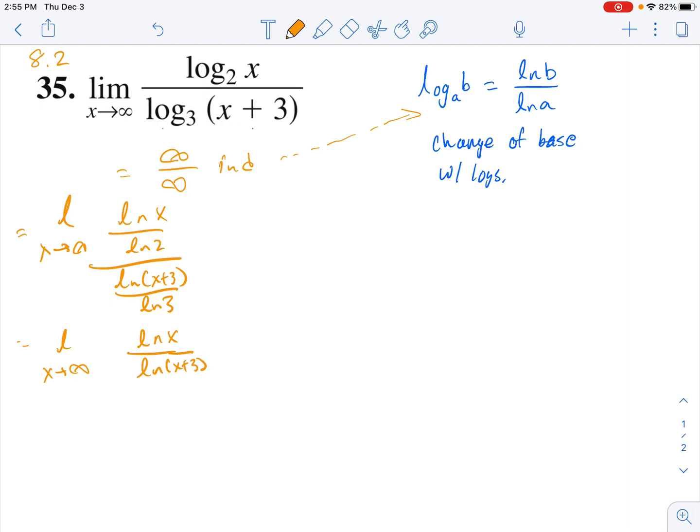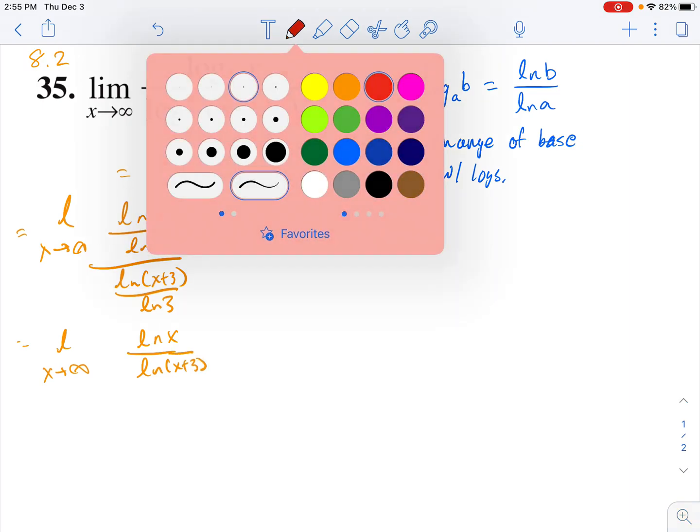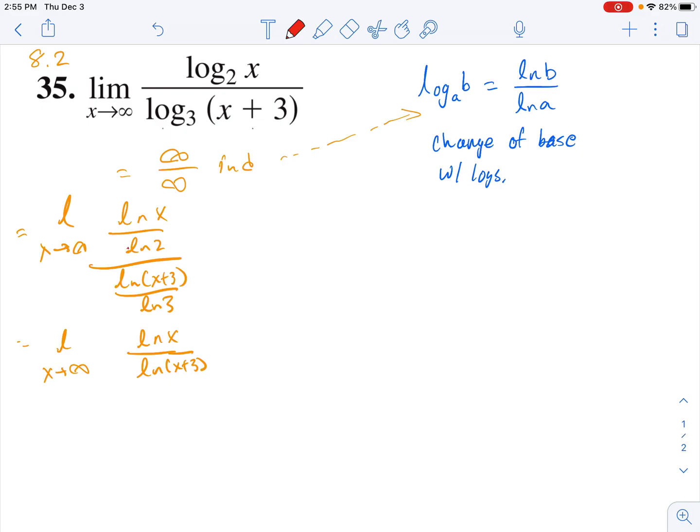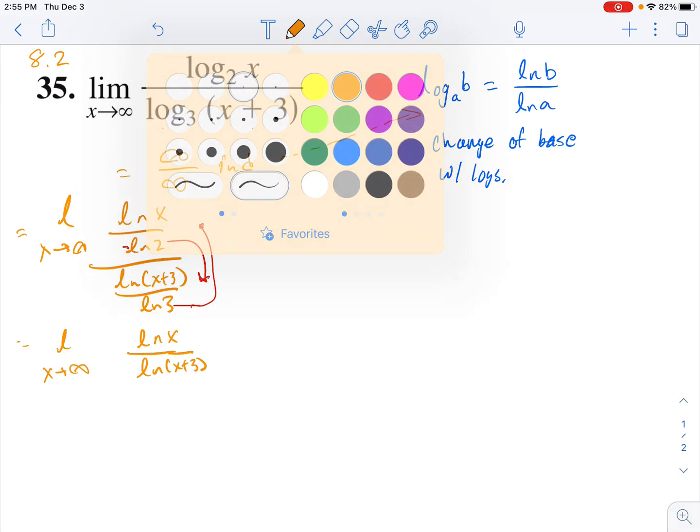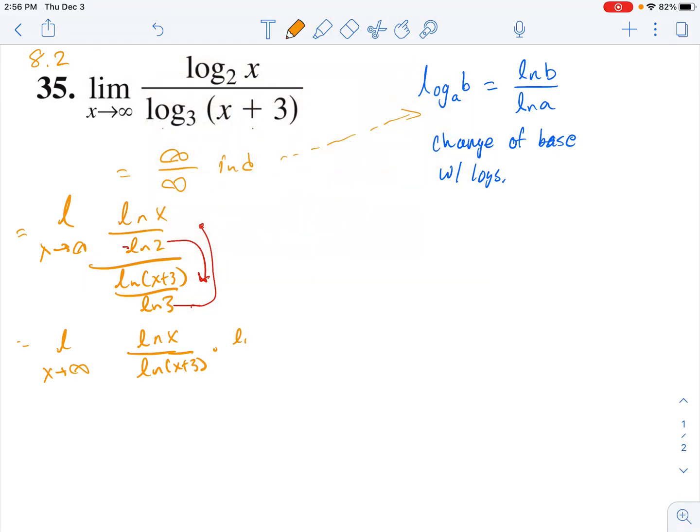Then this natural log of 2 is going to go to the denominator, and this natural log of 3 that's in the denominator of the denominator will come to the numerator. So I'm going to have times ln of 3 over ln of 2.